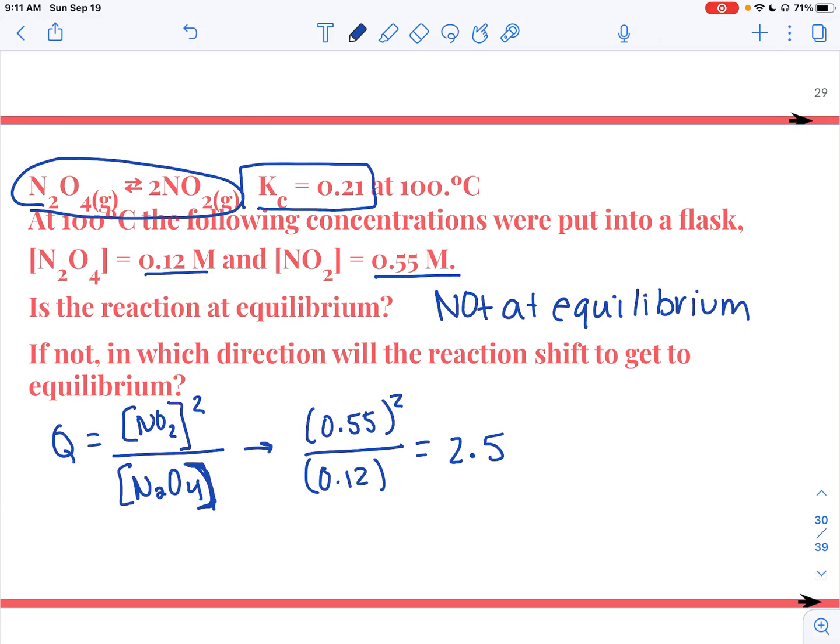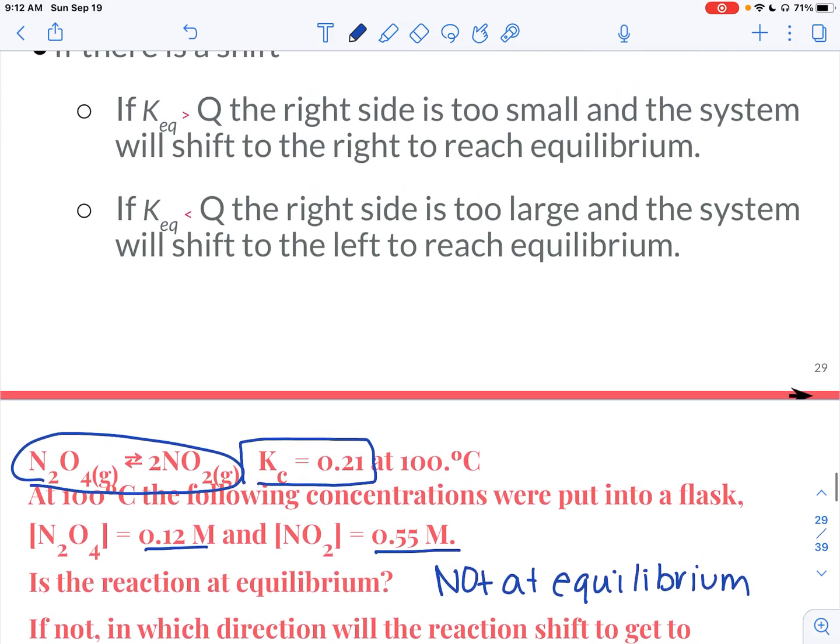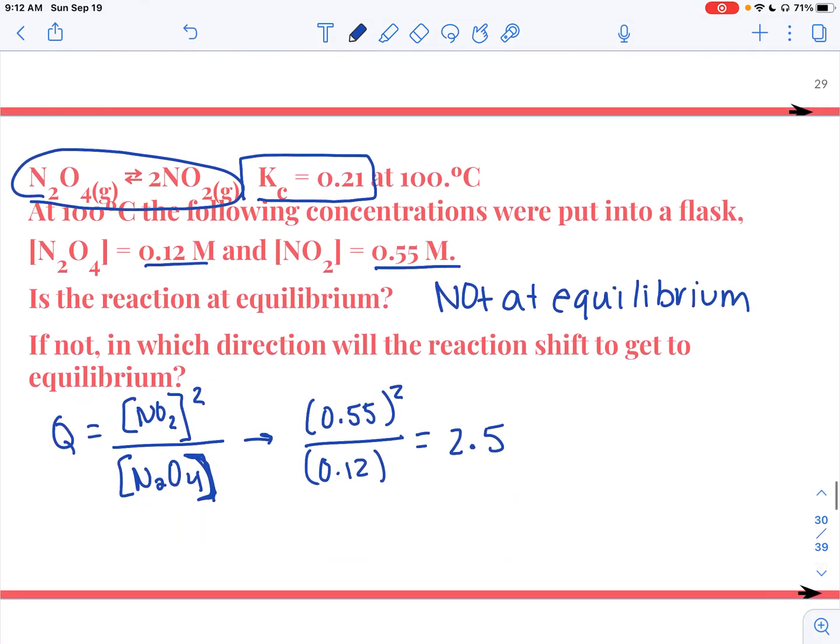So now the question is, which direction is it going to shift? So here our Q is bigger than our K. So if Q is bigger than K, the system will shift to the left. These three dots are there, we use them a lot in chemistry.